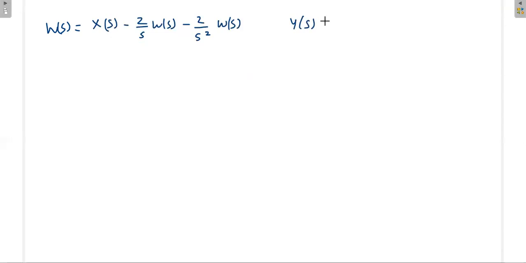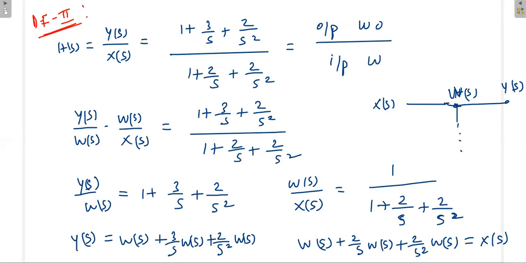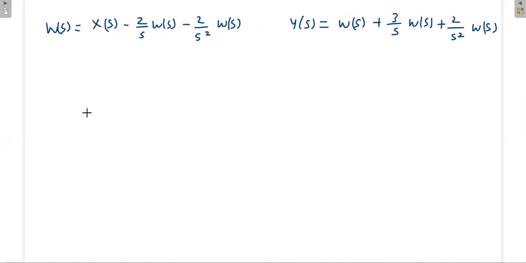Y of s is equal to W of s plus 3 by s W of s plus 2 by s square W of s. Okay, W of s, 3 by s, 2 by s square. Now x of s is there here.